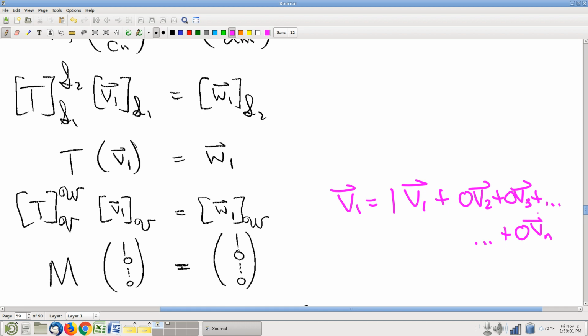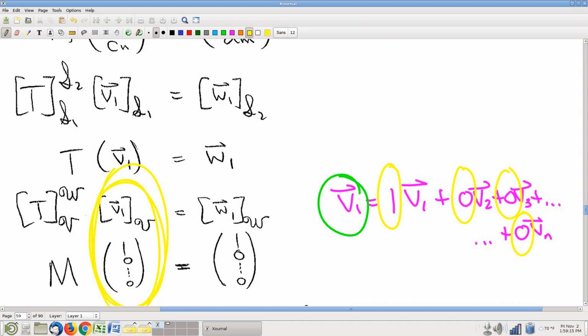That's how I can write this vector V1 as a linear combination of the script V vectors. We'll just use these coordinates, which are a 1 and a bunch of zeros. Again, I don't get to choose. It is unavoidably the case that V1 is this linear combination of the script V vectors.